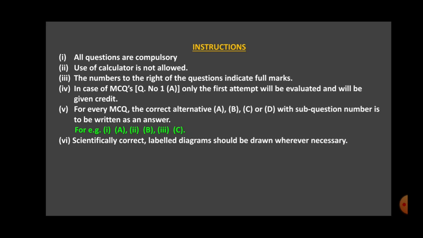If you write only the alphabet, you will get full mark. If you write the alphabet with the answer, no problem, you will get full marks. But alphabets are compulsory. Marks are given for the alphabets only. Capital alphabets as given in the question paper, you have to write the same and as it is shown in the question paper. This is very, very, very important.